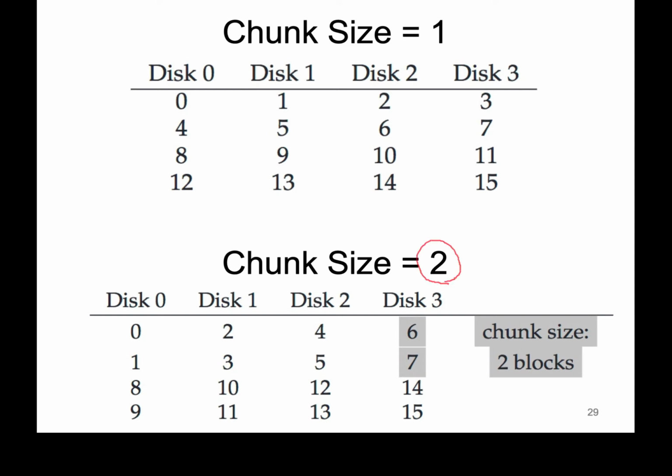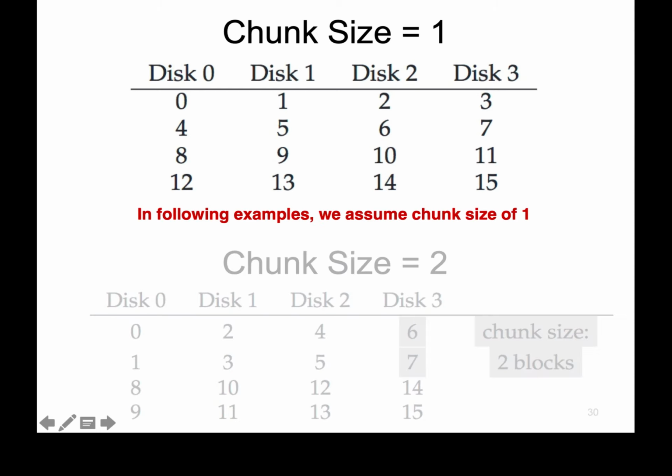If the chunk size is 2, that basically means these 2 consecutive offsets within a single disk correspond to a single logical RAID chunk. Okay, but for simplicity in the following examples, we basically assume a chunk size of 1.